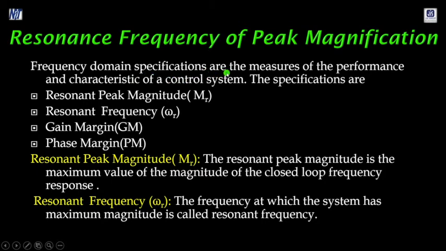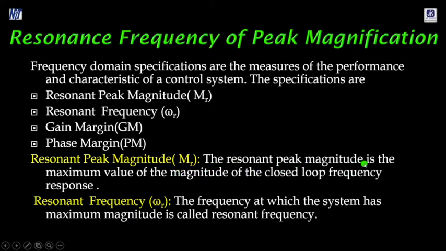Frequency domain specifications are the measures of the performance and characteristics of a control system. The specifications are resonant peak magnitude, symbol Mr, resonant frequency, symbol omega r, gain margin, short form GM, and phase margin, PM.